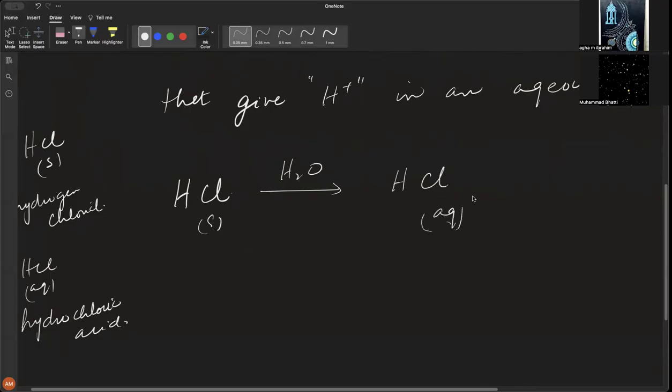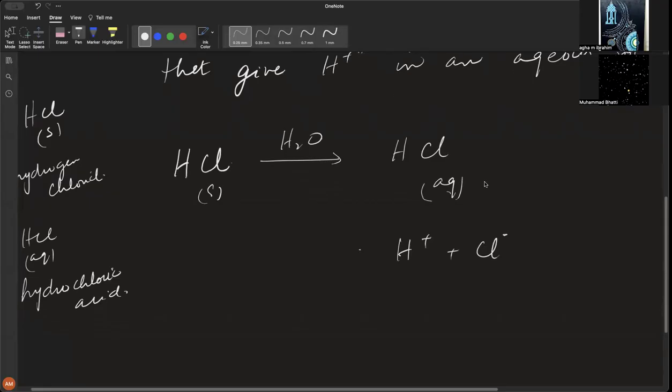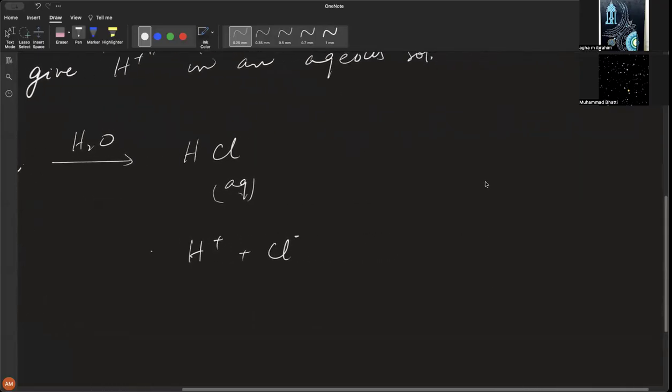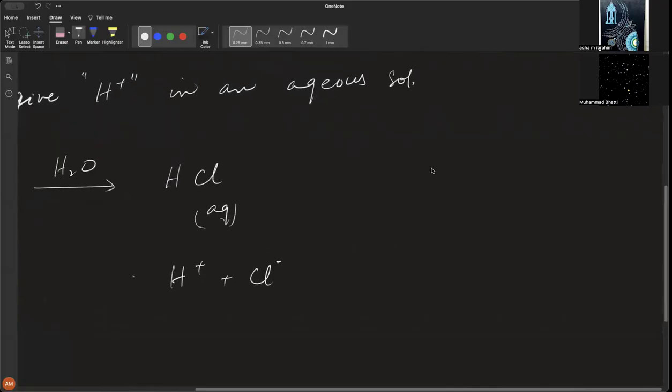Now, what does HCl aqueous actually mean? This actually means that hydrogen and chlorine have dissociated into their respective ions. This is what aqueous actually means. You understand? We need to understand what aqueous means here. Aqueous means something that has dissociated in water, that has dissolved in water. Let's take another example. If you have NaCl solid, and you put that in water, what do you see?